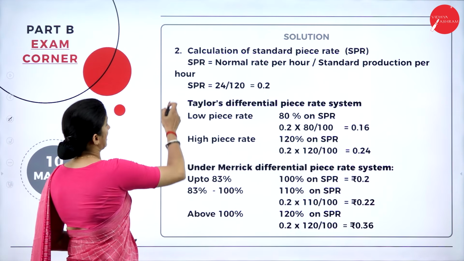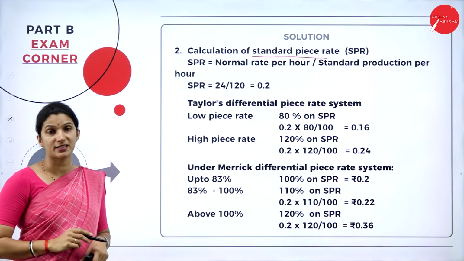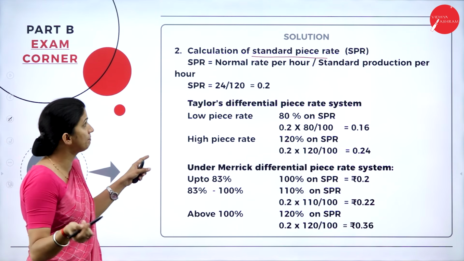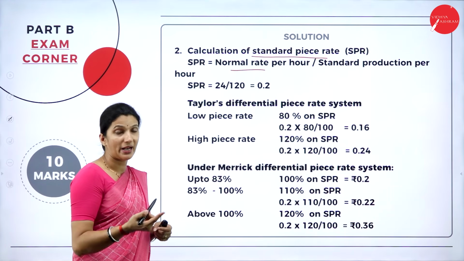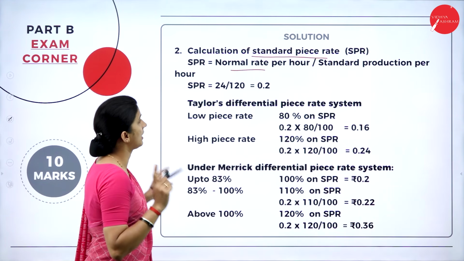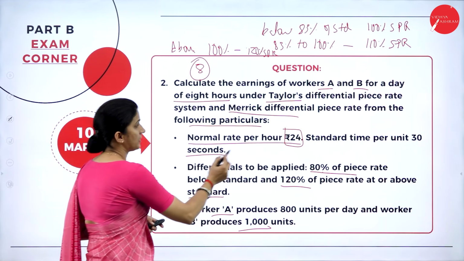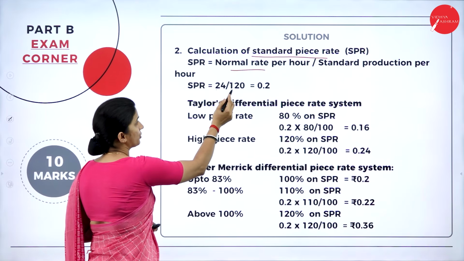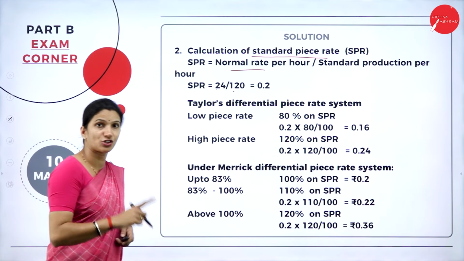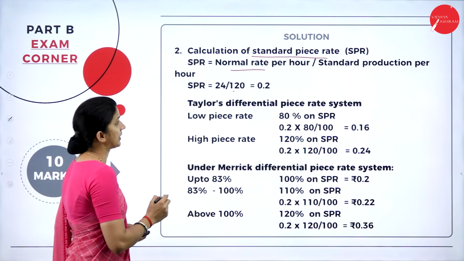Second calculation: what is the standard piece rate? That is SPR, and it is very important. Simply, it is the normal rate per hour divided by standard production per hour. See the question, the normal rate per hour is rupees 24. So 24 divided by standard production per hour, which we calculated as 120 units.